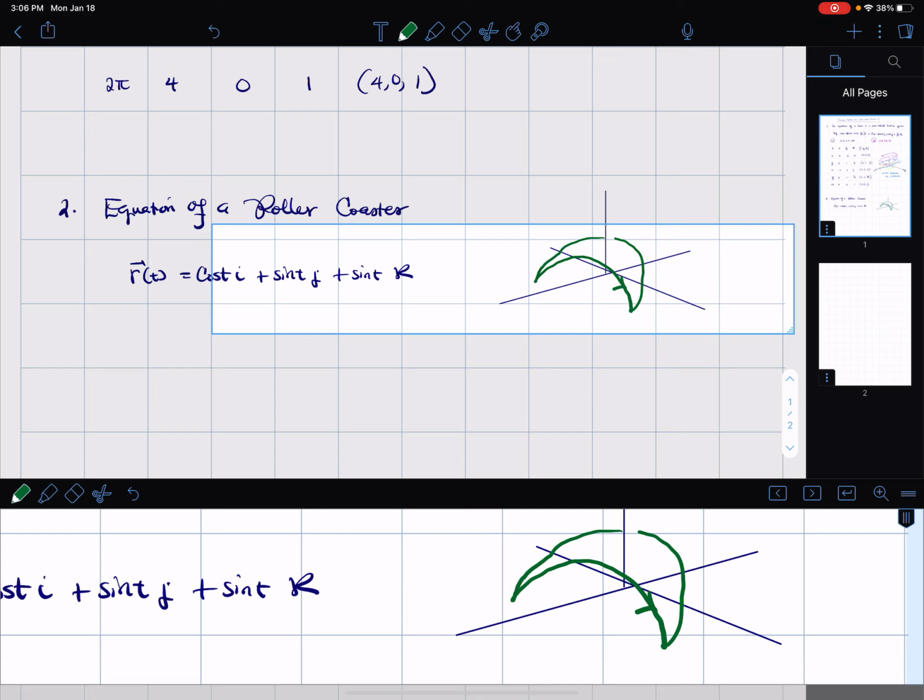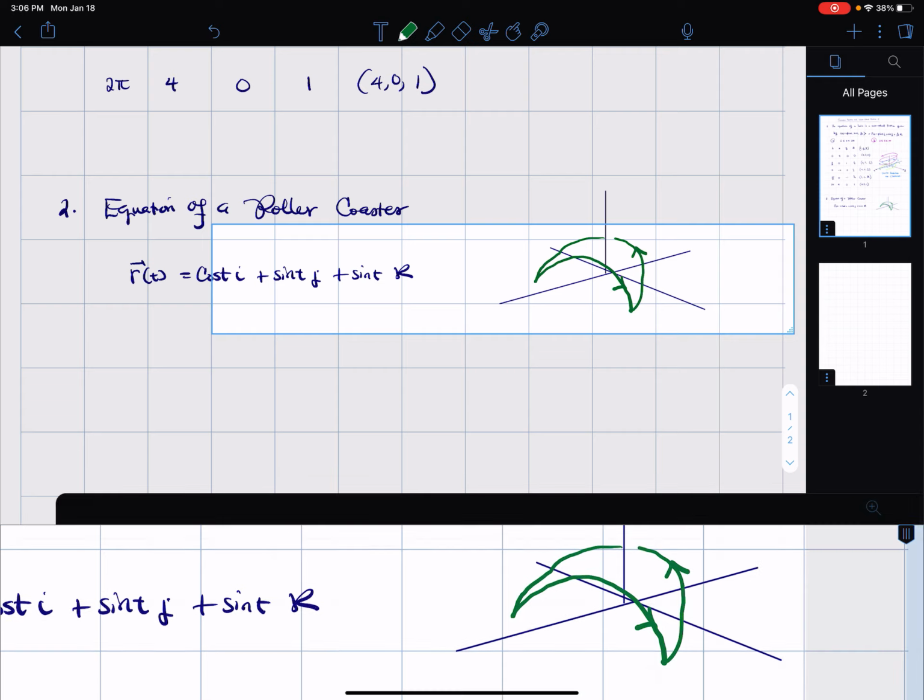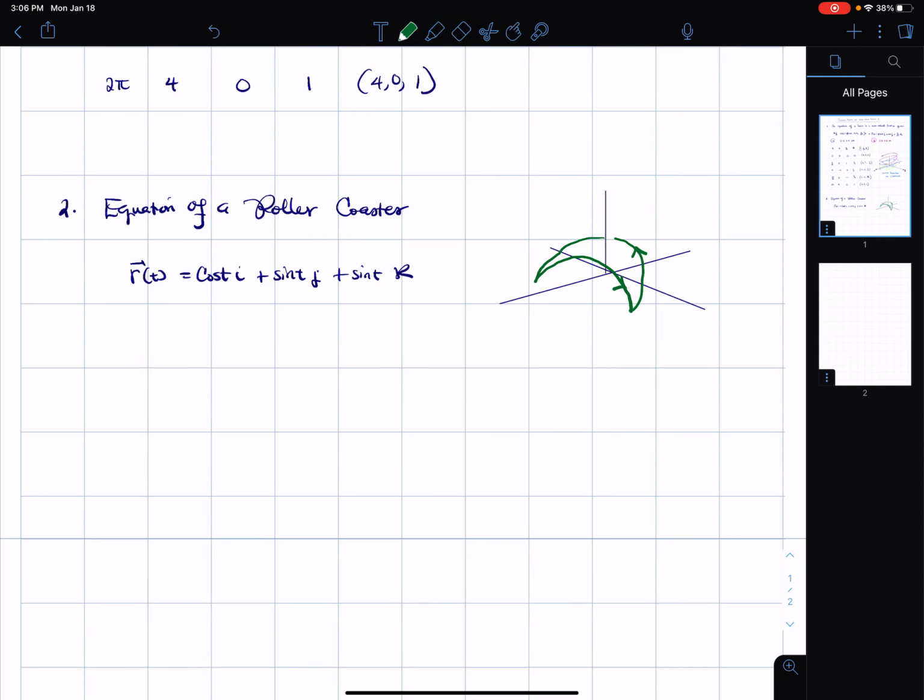So it will come like this and then go like that. That's what you get if you try to plot this particular vector valued function.